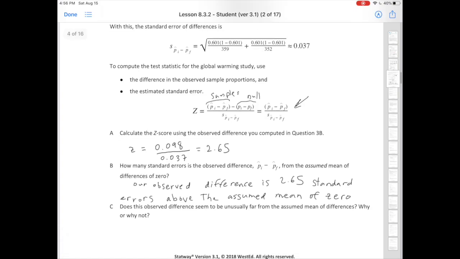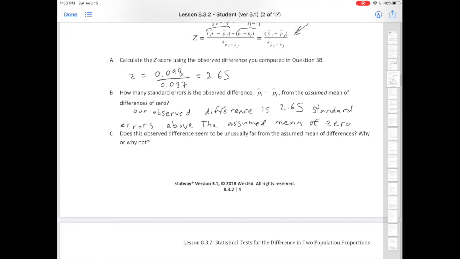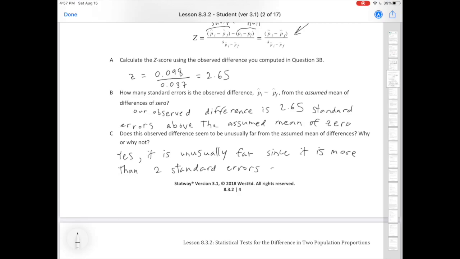So let's look at part C. Does this observed difference seem to be unusually far from the assumed mean of differences? Why or why not? Yes, it is unusually far since it is more than 2 standard errors away from the mean.